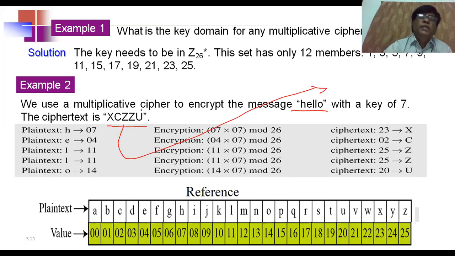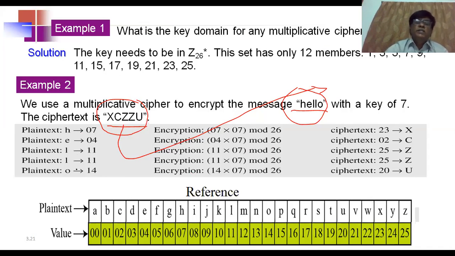If the attacker is able to access this ciphertext, he doesn't know what XCZZU is. He doesn't know this is the word hello. Suppose he knows this algorithm, that we used the multiplicative cipher, but he doesn't know the key value.